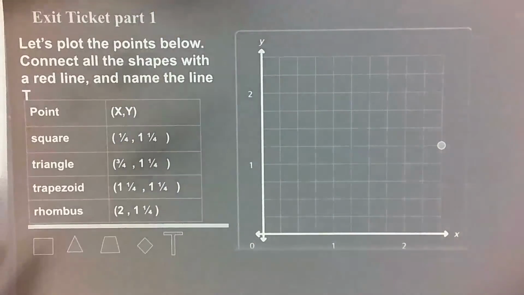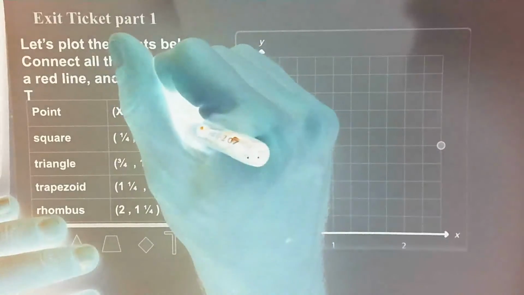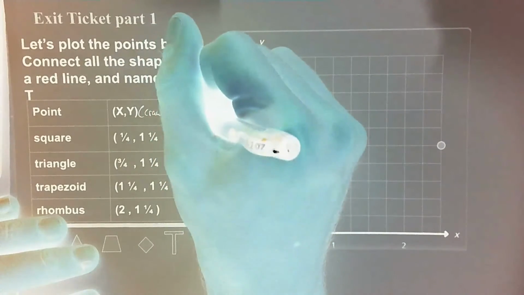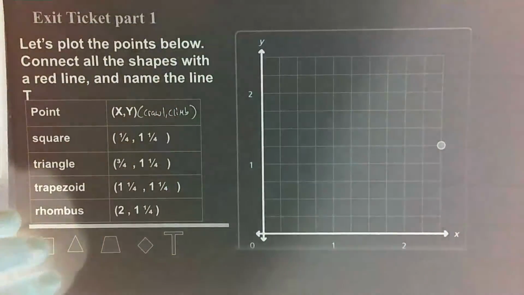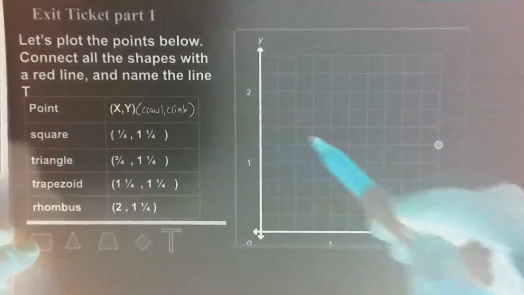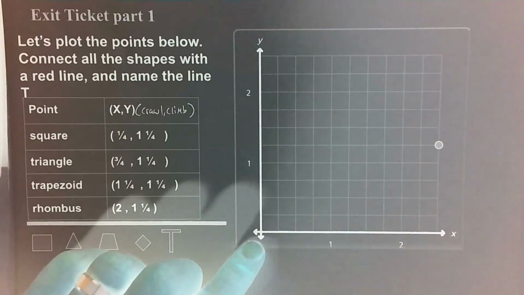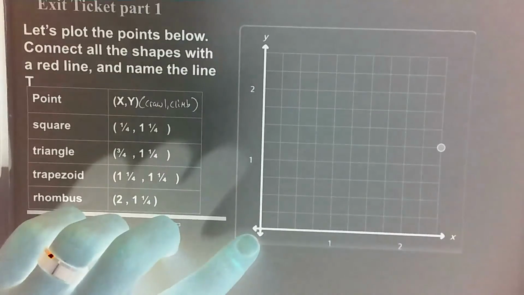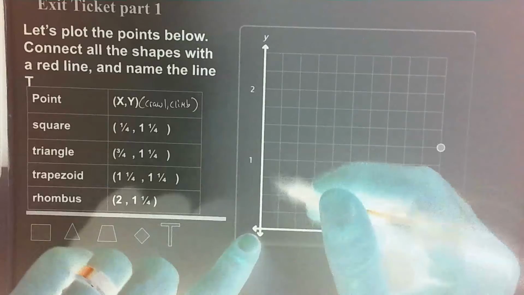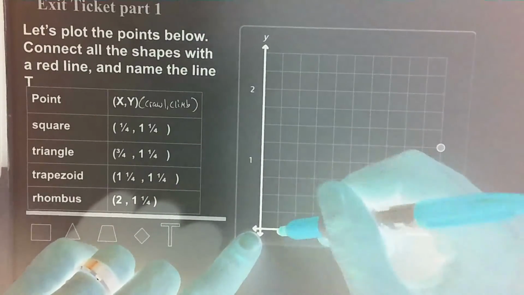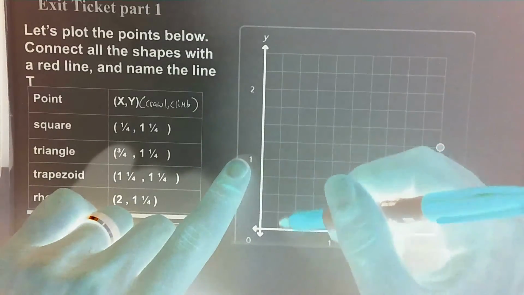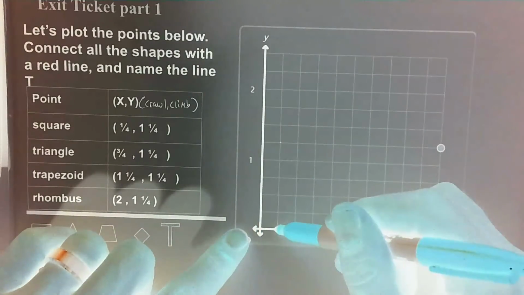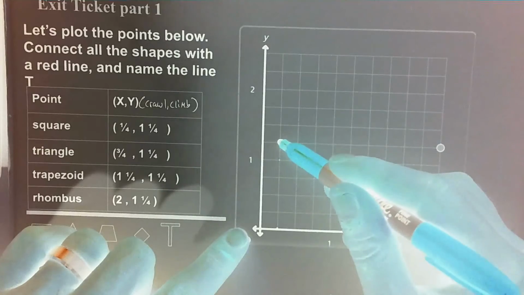And as always, I like to remind myself of the x being my crawl and the y being my climb. The square is at coordinates 1/4. You can label these if you want to. We know that each unit is 1/4. 1/4 by 1 and 1/4.